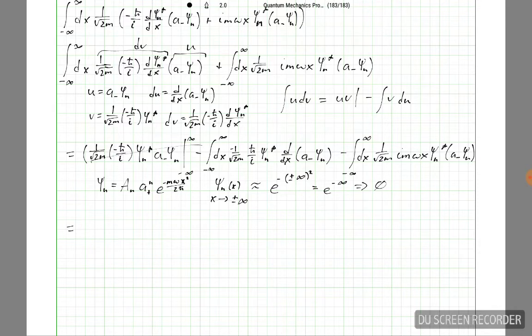I'm going to go ahead and roll them into one again. Now the first one, I get a positive sign. So I have dx. I have 1 over square root 2m. That's by both of them, right? Oh, you know, I wrote the sign wrong there. There we go. That was a plus, so it's a plus.